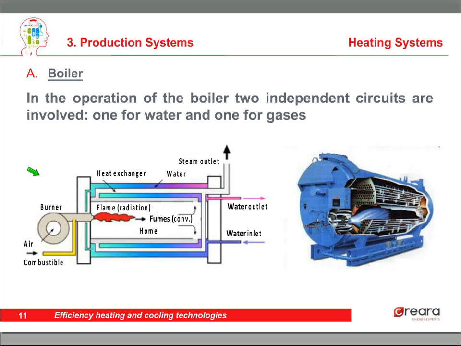So there are many parts in a boiler, but one of the main ones is the burner. The burner is this gray thing here, and its aim is to find and expel the right mixture between fuel and air. It has to be a good mixture.